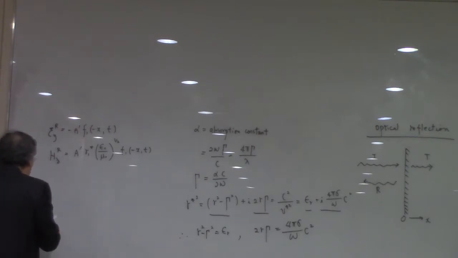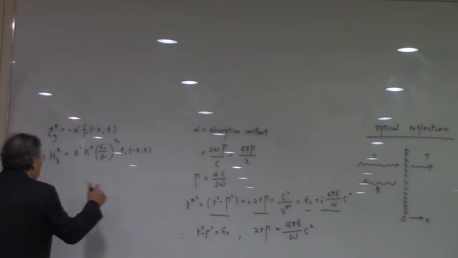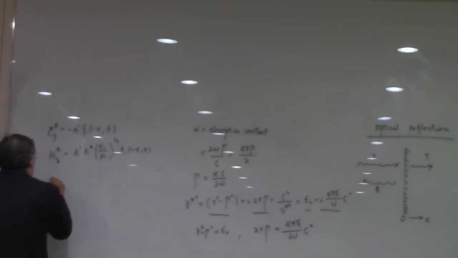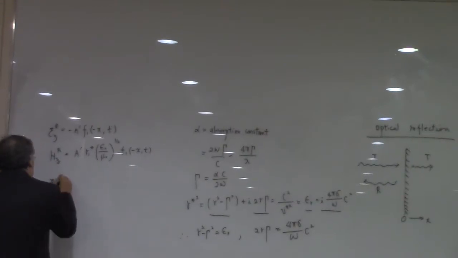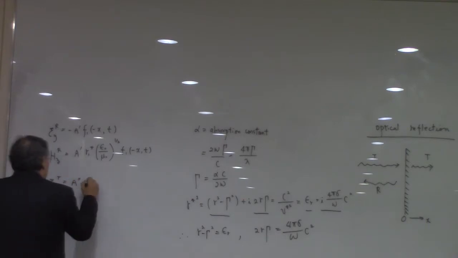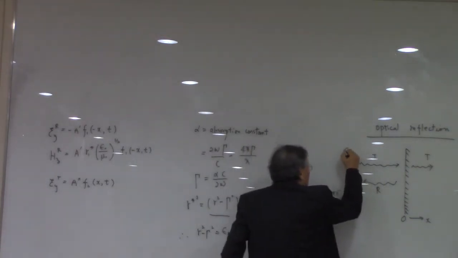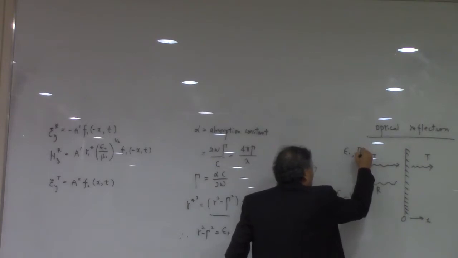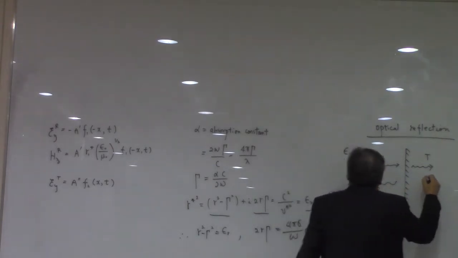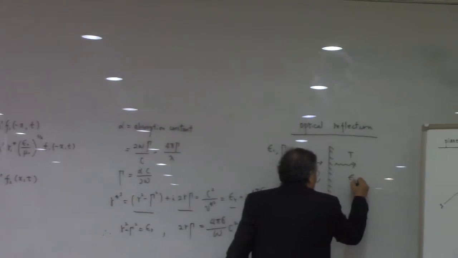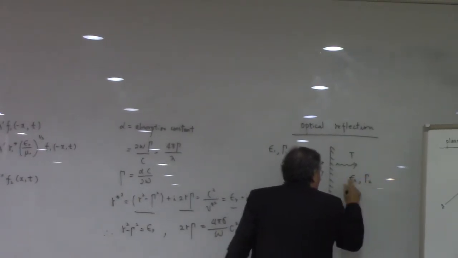And also we can write down the transmitted beam in the same fashion, like epsilon y transmitted as A double prime and F2 of x and t. We have different values. Say here the dielectric constant is E1 and the absorption index gamma 1, and we have a different material here, E2 and gamma 2 absorption index.